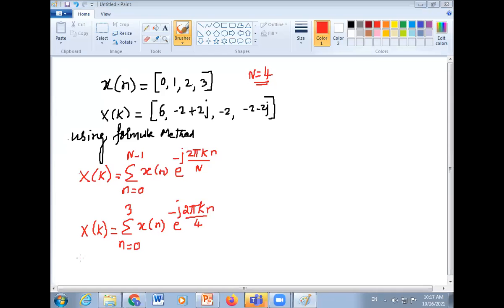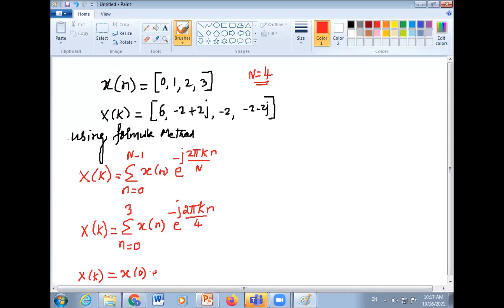Now we need to expand this equation. X of k is equals to, I hope everyone is writing this. If you are not understanding at any point, please ask me questions.